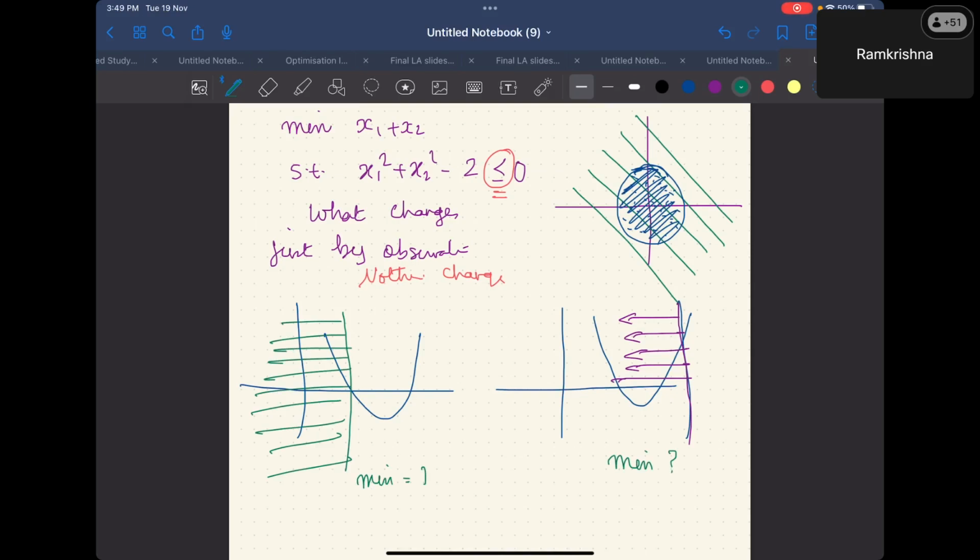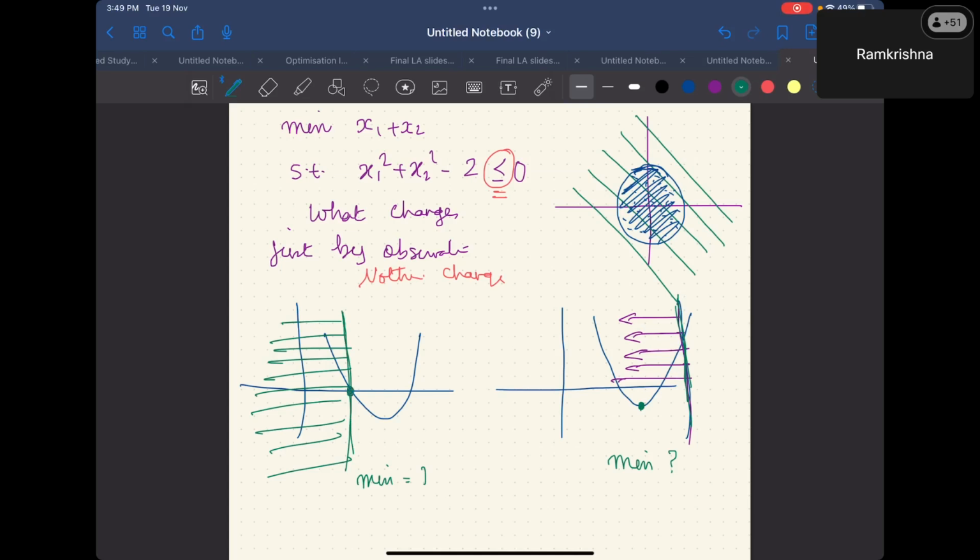Different. Okay, so what is changing here? In the first case, my minima is inside the constraint set, so even if I add a constraint, my minima does not change. Here I am adding a constraint, so my minima changes to a point like this.